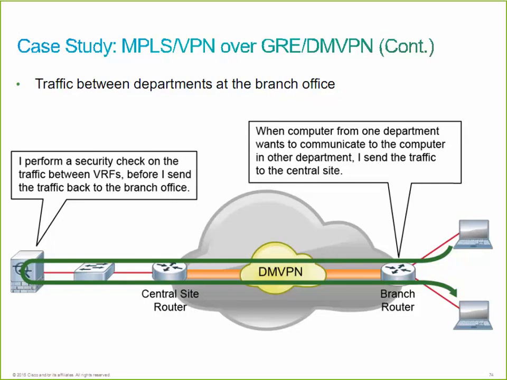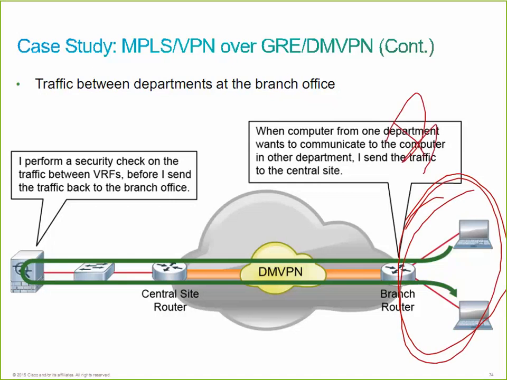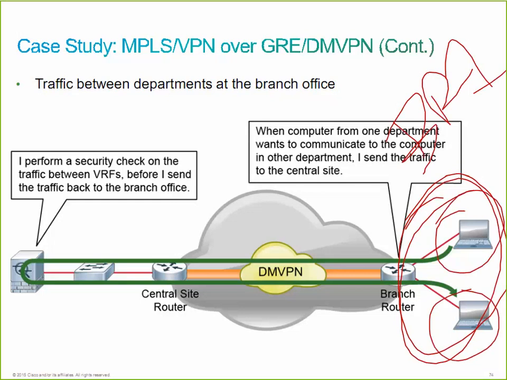All right. Scott, what do you mean by hairpinning? Well, in this case, this traffic is within the same branch. We'll call it just branch 1, okay? But this guy's in the HR department, this guy's in the sales department, all right?